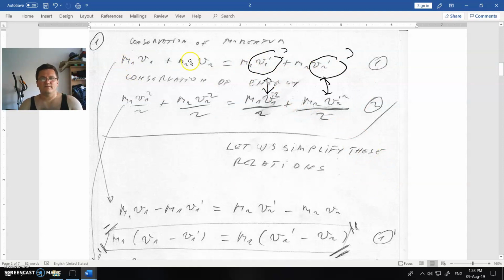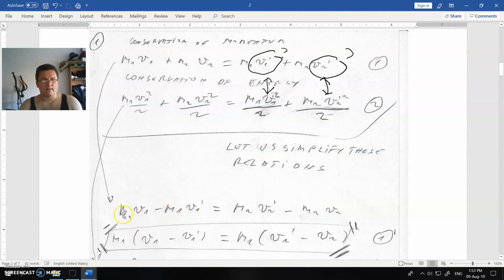First one we will just rewrite like this. We move this from this side of the equation and this part to the other side, and just change the sign when it goes over the equal sign.